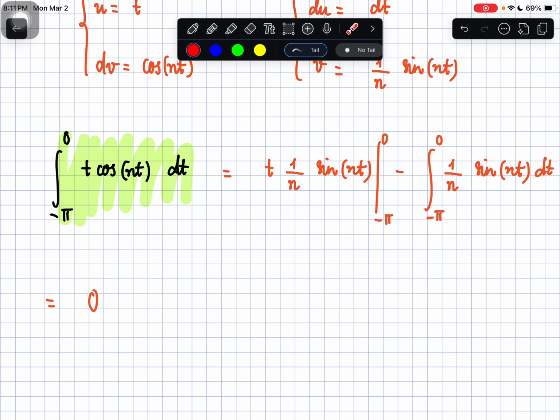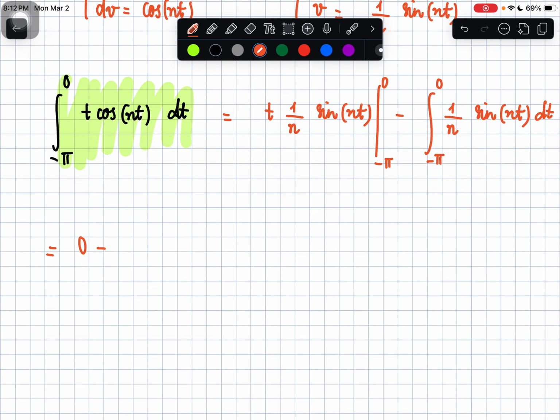The lower limit t equals minus pi gives minus pi over n sine(minus n pi). Minus the second term, 1 over n times the integral from minus pi to 0 of sine nt dt.